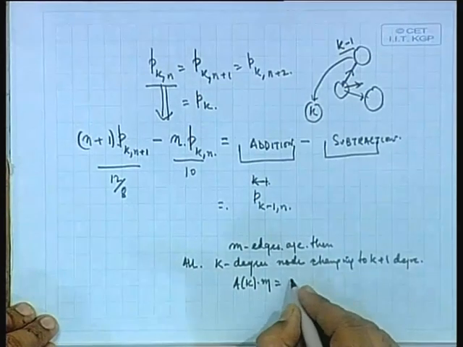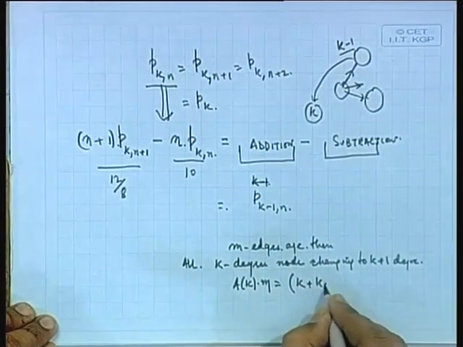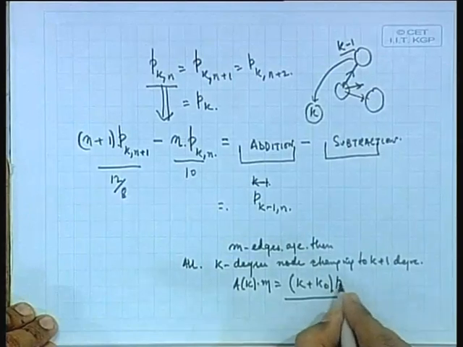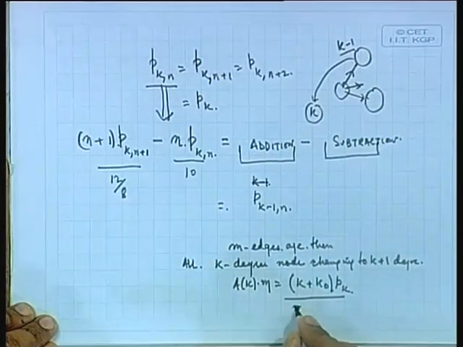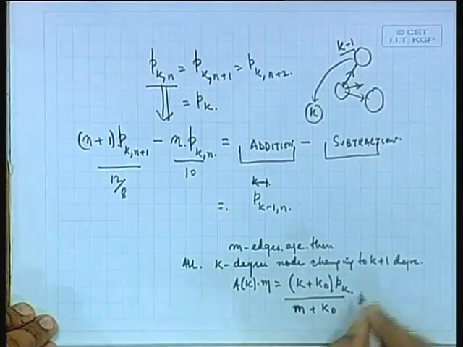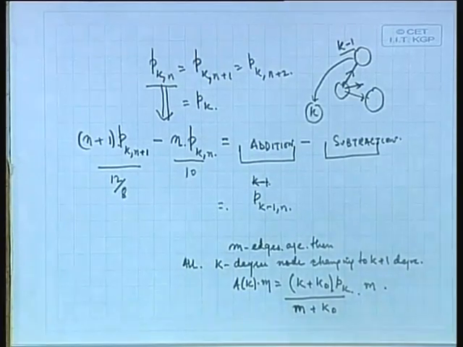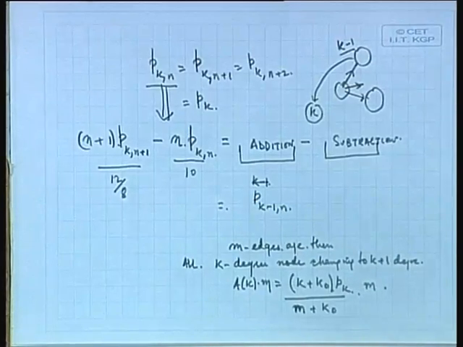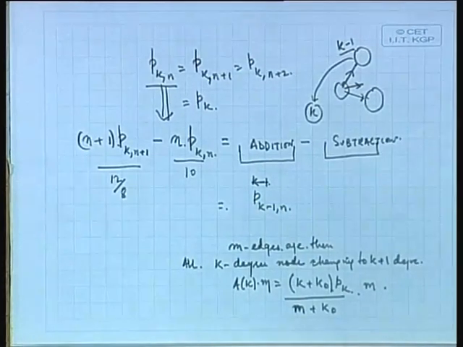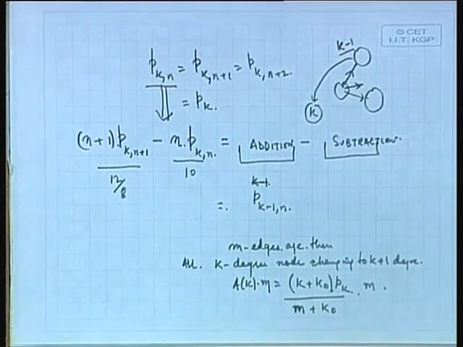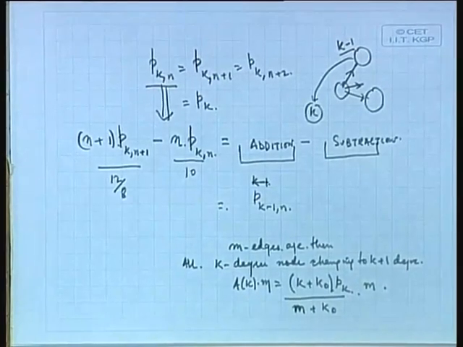Yeah, we come to this. So, then we have this, k plus k_0, p_k, m plus k_0 into m. Yeah. What you are telling is correct, that there is a subtle assumption here that each edge is falling on different nodes, which may not be the case.